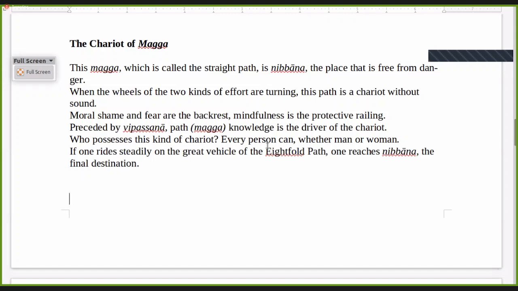That means hiri, moral shame, and moral fear to commit evil deeds serve as a backrest or a leaning board on the mega vehicle, without which passengers are liable to fall backwards when the mega vehicle moves. So your mega vehicle has an excellent backrest of hiri and ottappa, moral shame and moral fear.